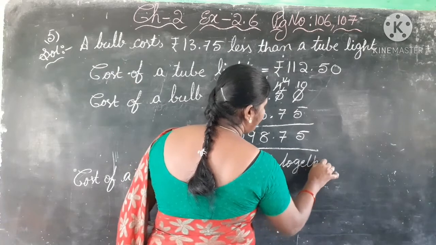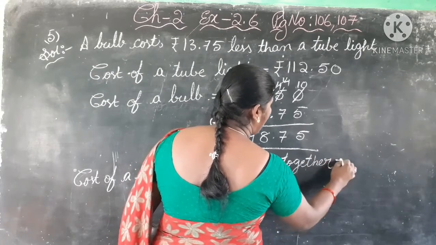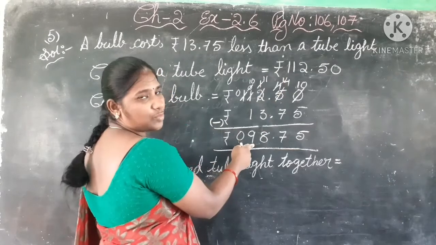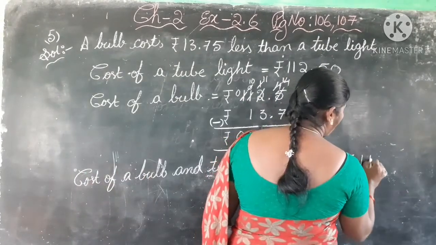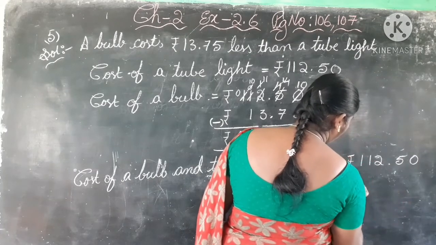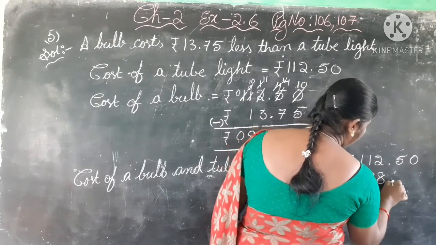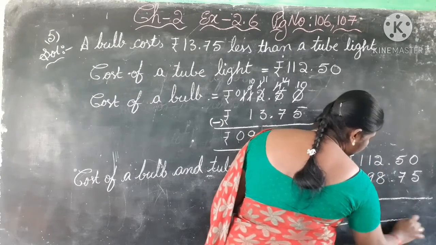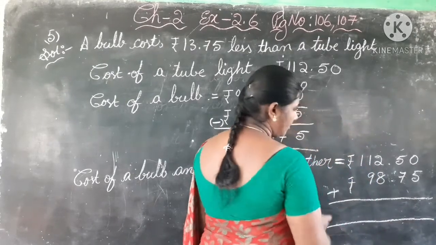So what we have to do, together means we have to do the addition. So this is the cost of a tube light, this is the cost of bulb. Add these two. 112.50 rupees, 98.75. Both these two, do the addition.